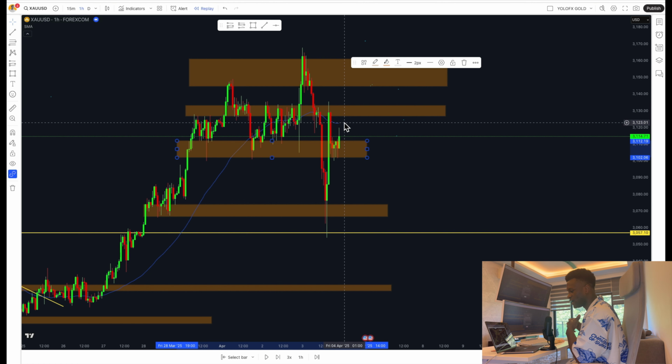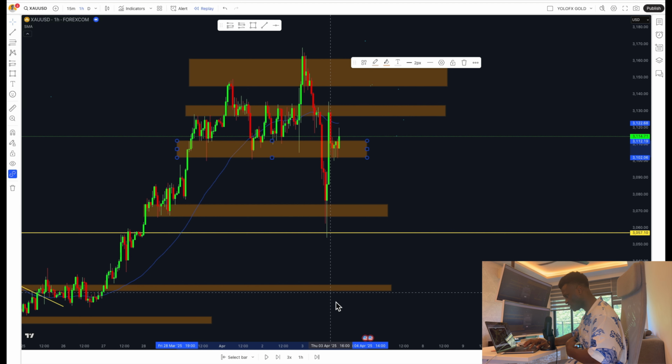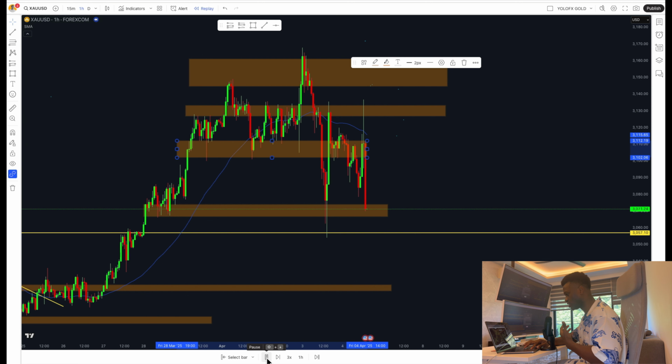First, what we have to do is try to see if the market is going to pull back to a very strong zone, which is one of our key zones. So as the market moves on, you can see the market plays nicely. It tried to push to this key zone here. So this is where we start to see whether it is going to break through this 50 moving average and basically come back to this all-time high.